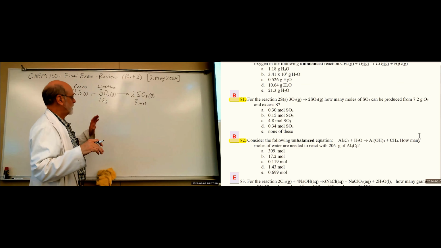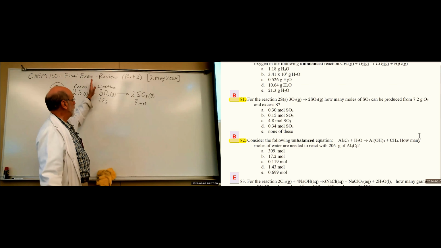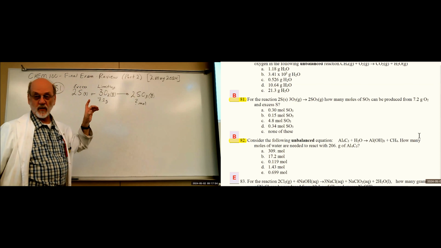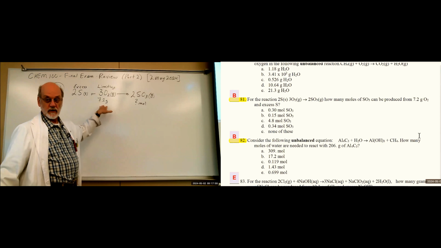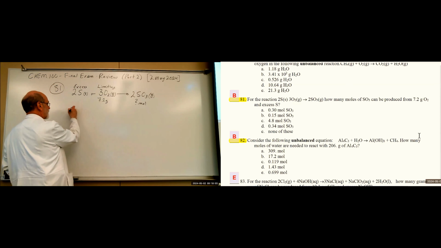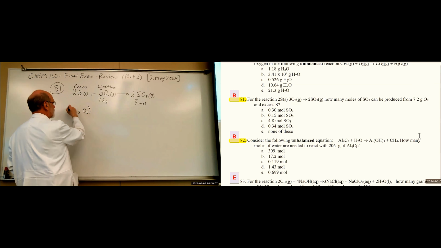Remember, there are great walls in this equation. There's a wall here and there's a wall there. You can't get over, you can't get under that wall unless you've got moles. We don't have moles. We've got to find moles of oxygen. So how do you do that? 7.2 grams of O2.